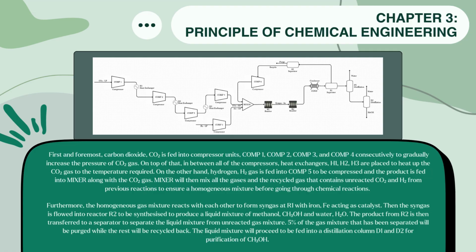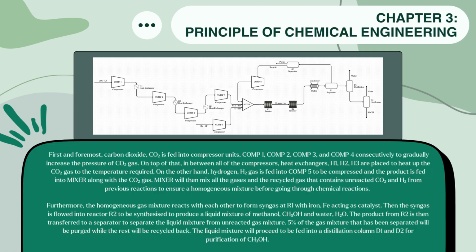The compressed and heated CO2 gas and H2 gas will be mixed at the mixer together with the recycled gas from the previous batch to ensure a homogeneous mixture before going through the chemical reaction.